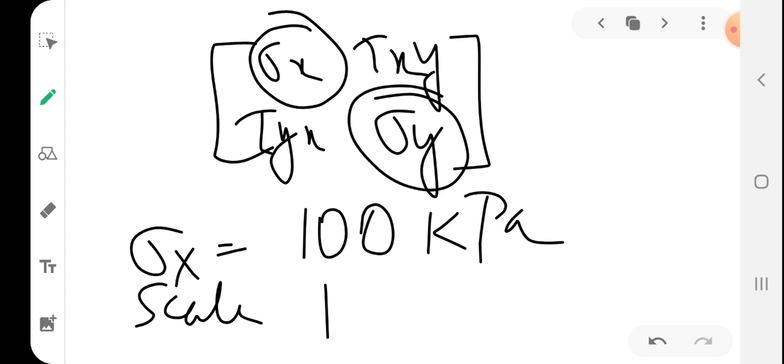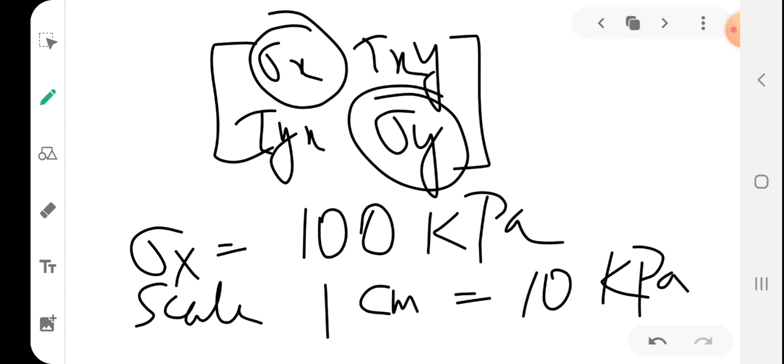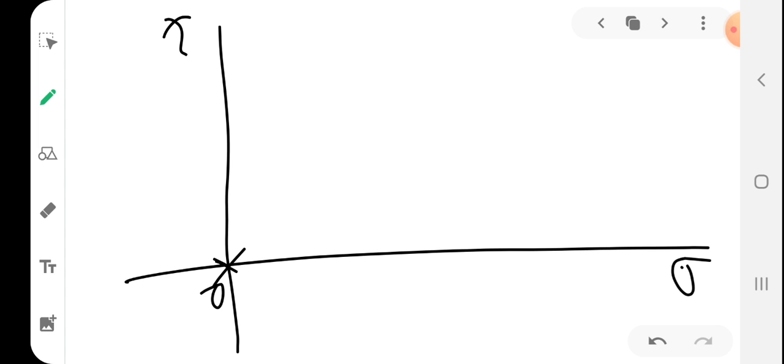Suppose 1 centimeter is equal to 10 kilopascal, then 100 kilopascal will be 10 centimeters. So to mark 100 kilopascal, you scale it down to some centimeters. So here I will scale 100 kilopascal to 10 centimeters. So mark here first sigma x.